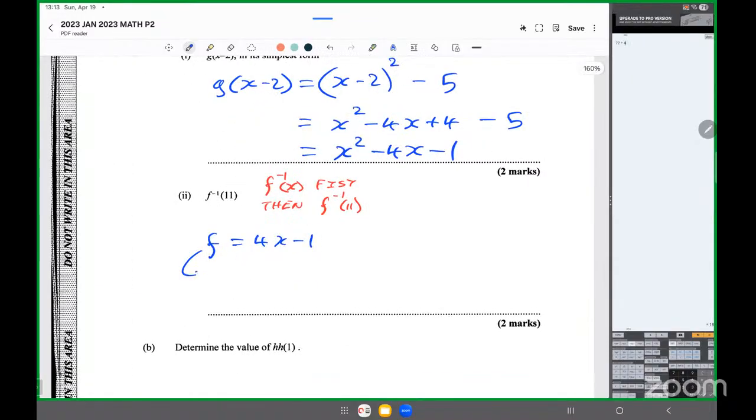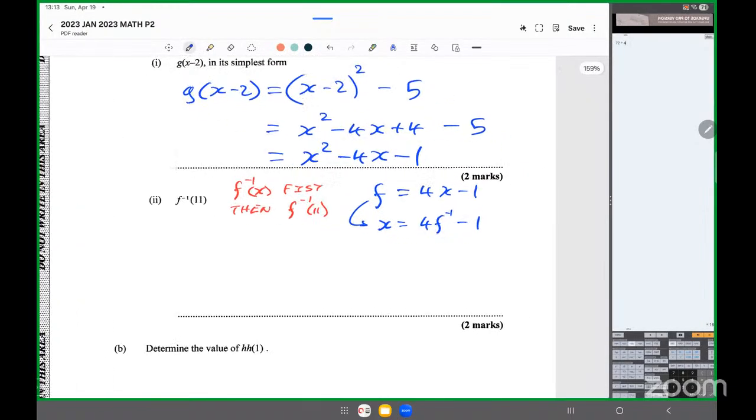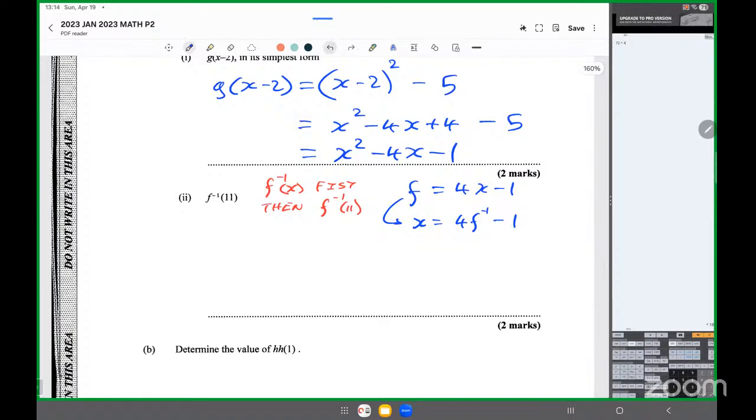We're going to inverse it and x becomes 4f to the minus 1 minus 1. Then to make this the subject, we're going to carry over the 1 first and get x plus 1 and then divide it by the 4. That's your f to the minus 1.